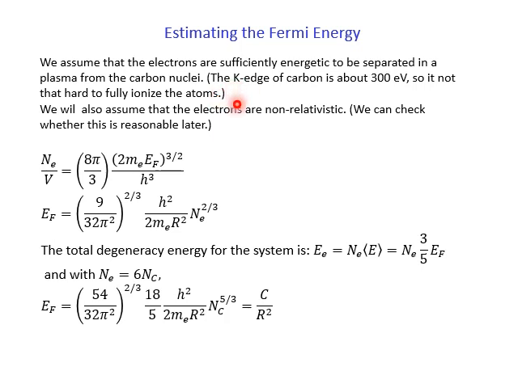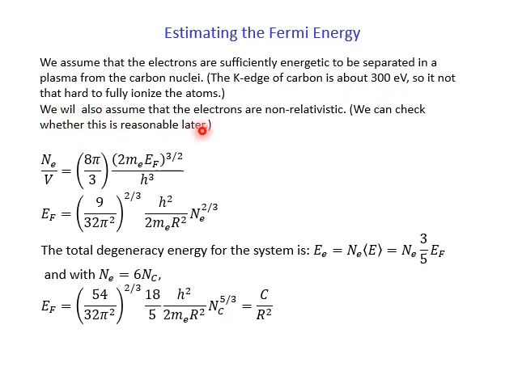That would be called beta capture. The K edge of carbon is about 300 electron volts, so it's easy to make an ionized plasma at moderate temperatures, thousands of degrees Kelvin, right? It's easy to make that plasma without driving nuclear reactions.